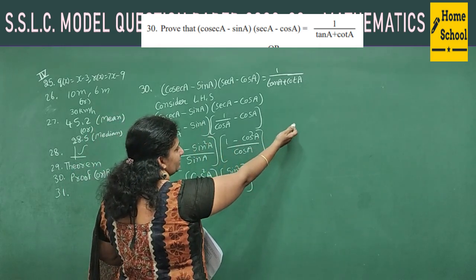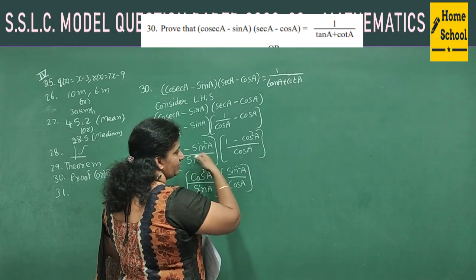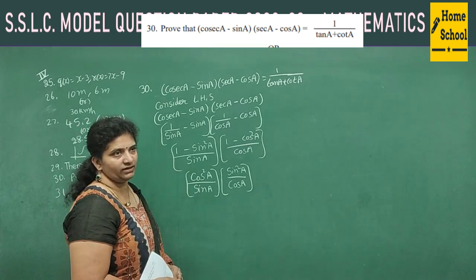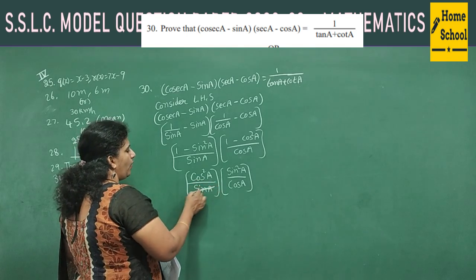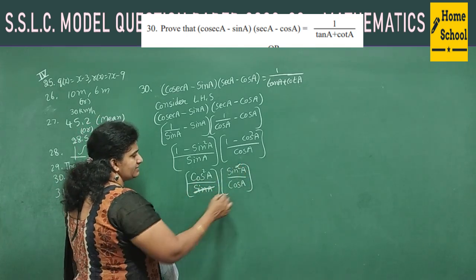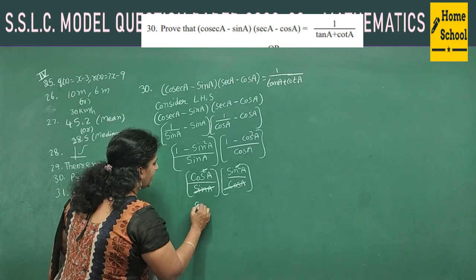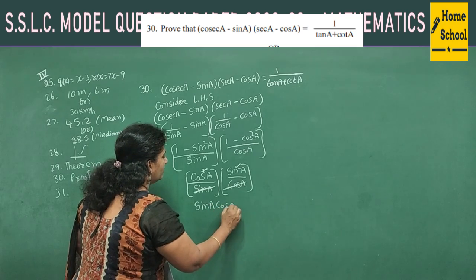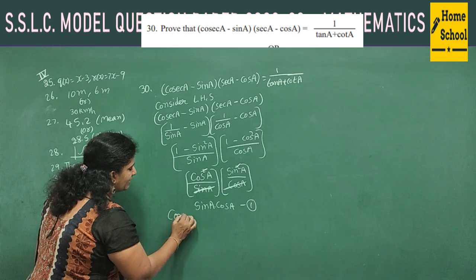Here we know secant theta is equal to 1 by cos theta. You can write by identities 1 minus sin square theta is cos square theta, 1 minus cos square theta is sin square theta. This paper I am doing in short. Now sin A cancels, cos A cancels. Now what are you left with? Sin A into cos A. Mark it first equation.